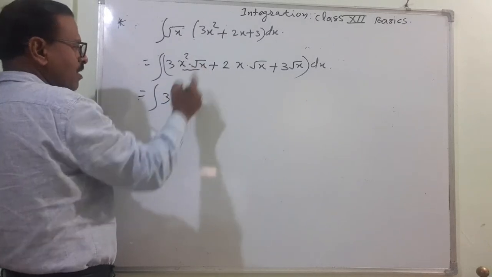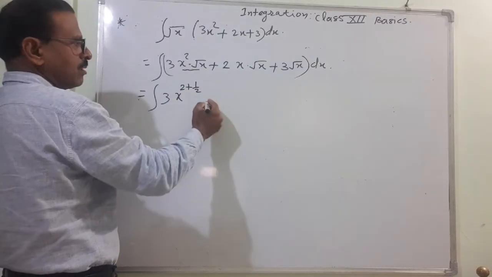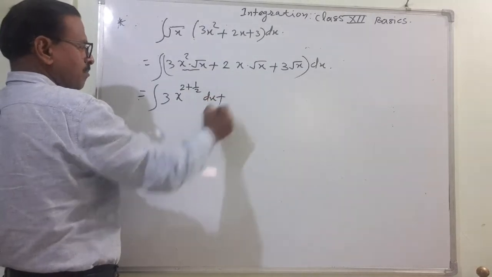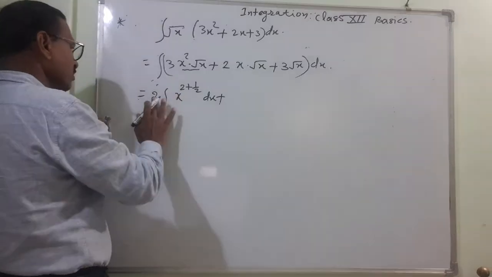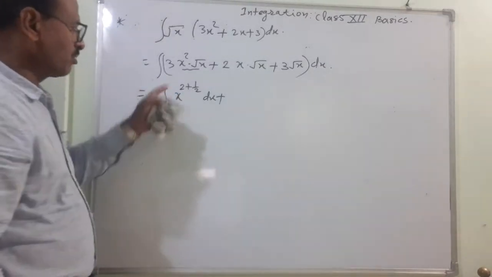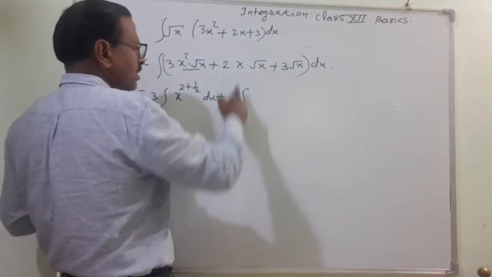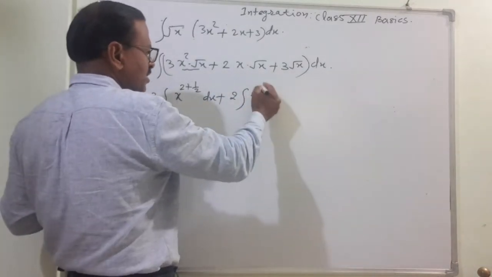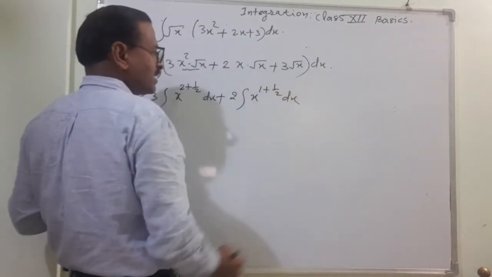Now I will simplify this. That is equal to integration of 3, multiplication means addition of the indices, the index is half, so x raised to 2 plus half dx, plus this 2 is taken out, because I have to take the integration only of the variables. This is also multiplication: x raised to 1 plus half. Multiplication means addition of the indices.